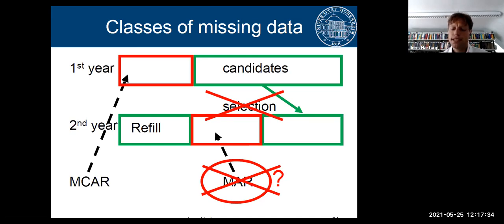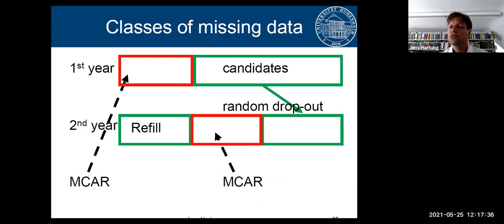So we replaced the selection by just a random dropout. We randomly dropped out genotypes in the first year, and some of them are randomly tested in the second year, and some of them are not tested in the second year. So this missing data pattern now is missing completely at random, because the missingness of the data in the second year does not depend on the observed data in the first year, because the selection is done randomly.